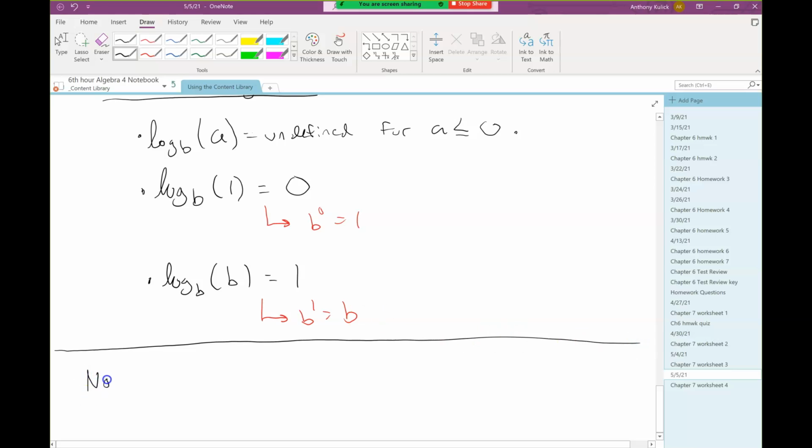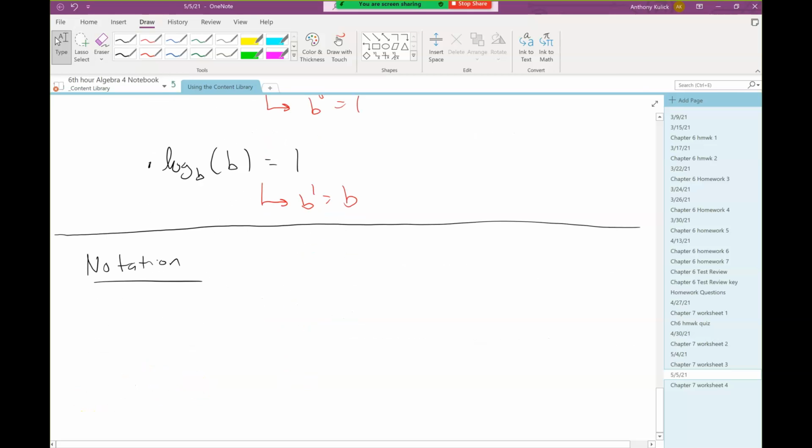So next we want to talk about a little bit of notation. And this is really important notation. So there are two special kinds of logarithms. The first one is called the common logarithm, and that is log base 10. But we're never going to write the 10 there.